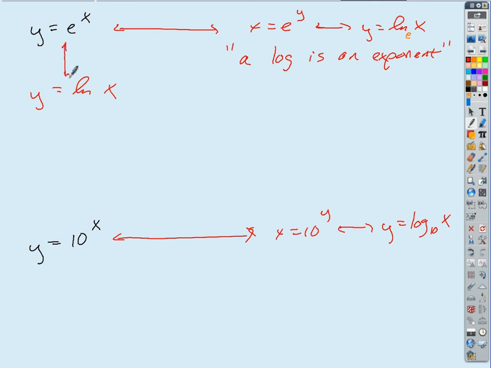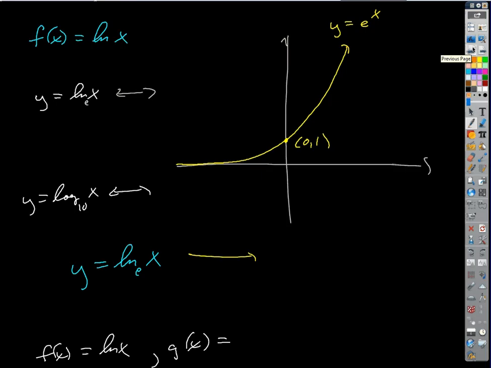These are the inverses, right? Everybody agree? Because how did we get them? We switched the x and the y and solved for y, didn't we? Okay. Well then, you can tell me now exactly what a logarithm looks like as a graph, can't you? It's got to be the inverse graph of this. So it's going to have that symmetry about the line y equals x.